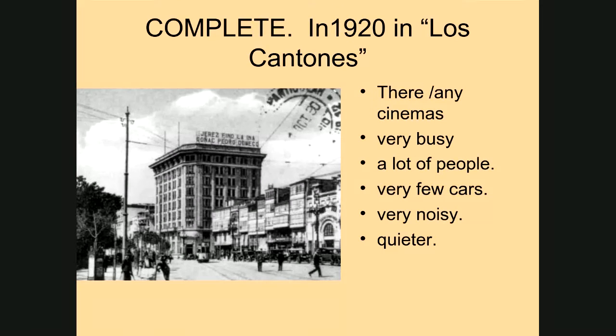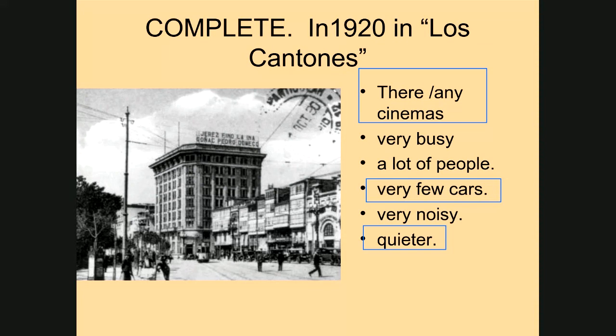So you can say there used to be very few cars. There used to be quieter. And there didn't used to be any cinemas. Notice that I am using the expression there used to be.